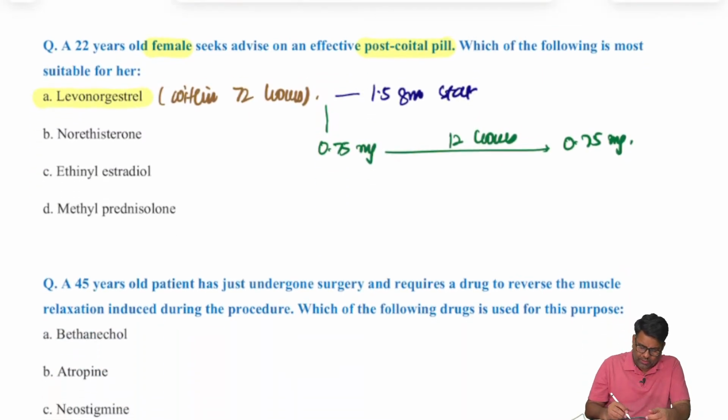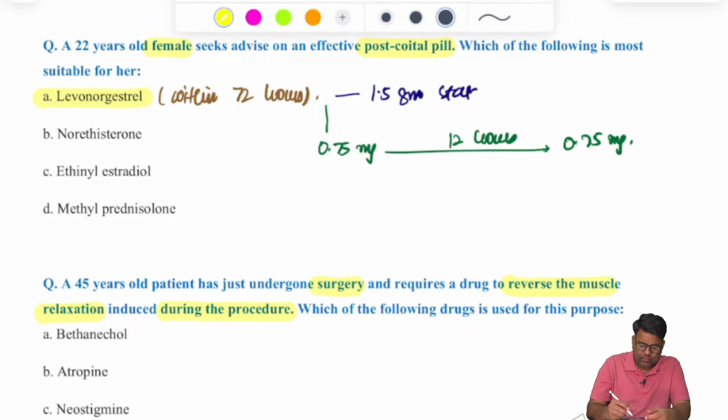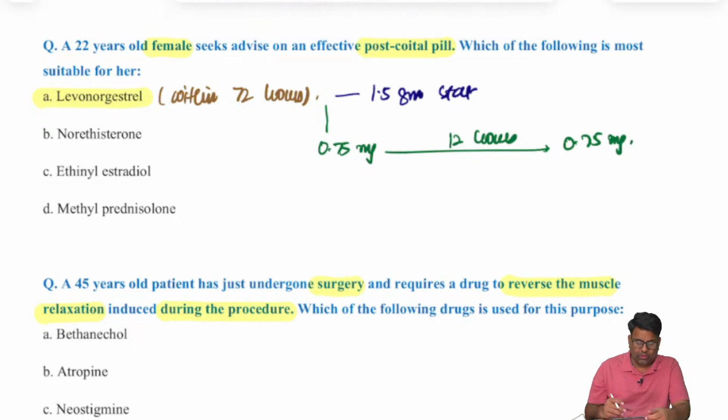Now, a patient has undergone surgery and requires the drug to reverse the muscle relaxation which was used during the surgical procedure. Now, which drug is used for the reversal of neuromuscular blockade, and that is neostigmine, right?